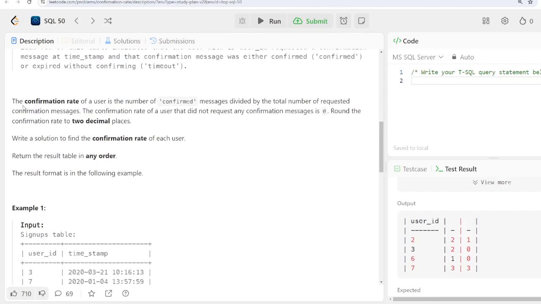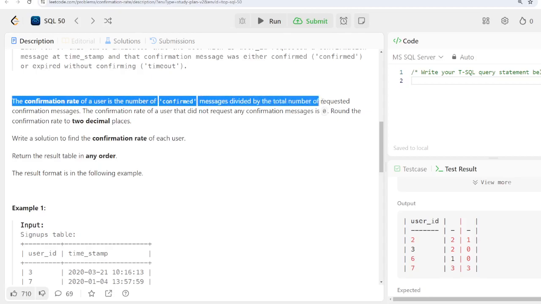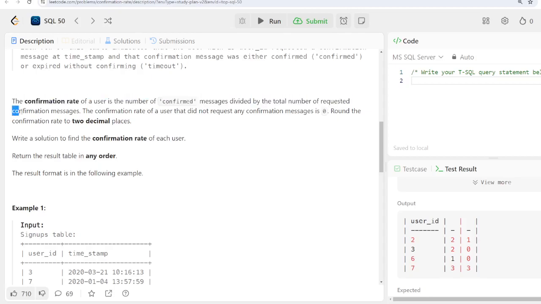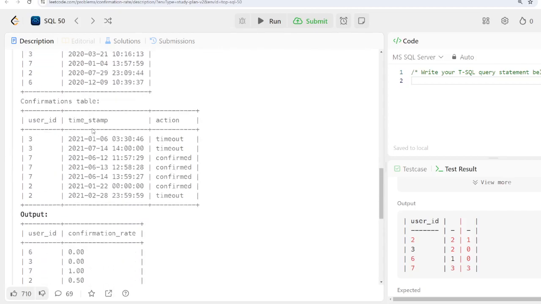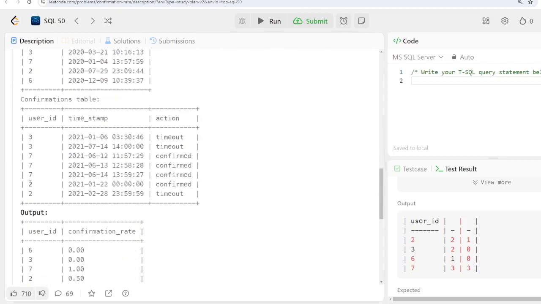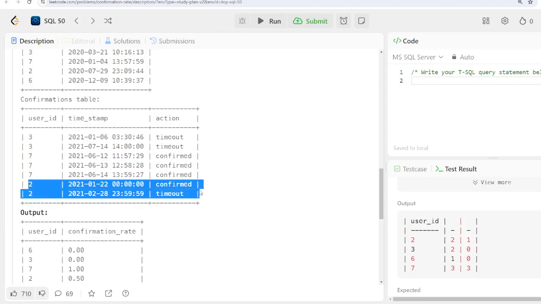Now the confirmation rate of a user is the number of confirmed messages divided by the total number of requested confirmation messages. Okay, so what is confirmation rate? It is the number of confirmed messages divided by the total number of requested confirmation messages. For example, this user ID 2 requested 2 confirmation messages and only one was confirmed, so it will be 1 by 2.